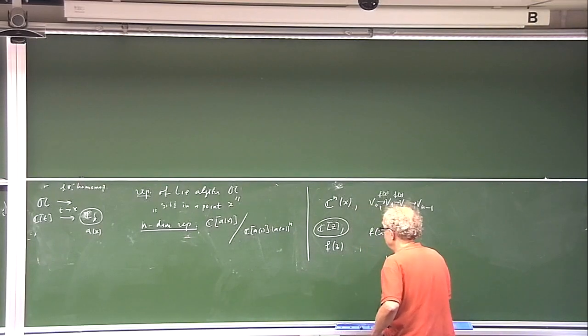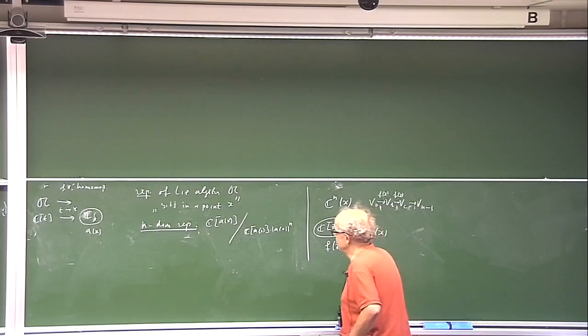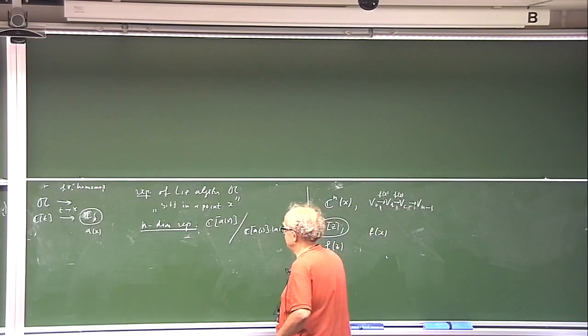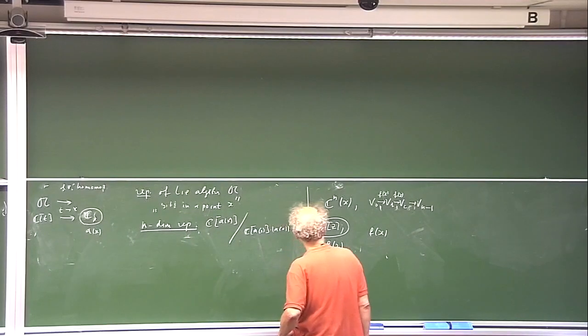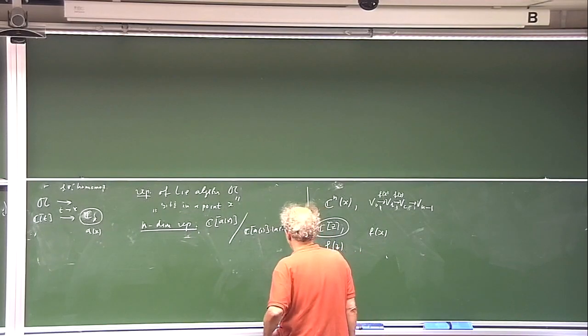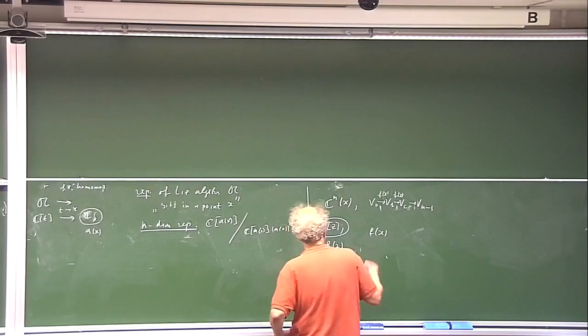And who knows about the evaluation representation of the affine Lie algebra? This is just it.